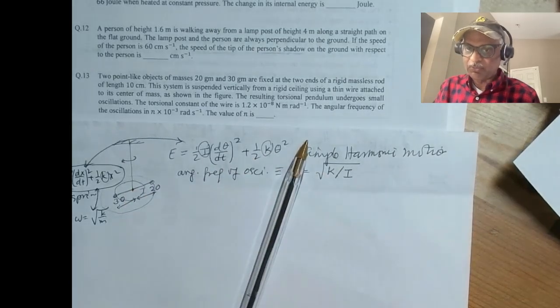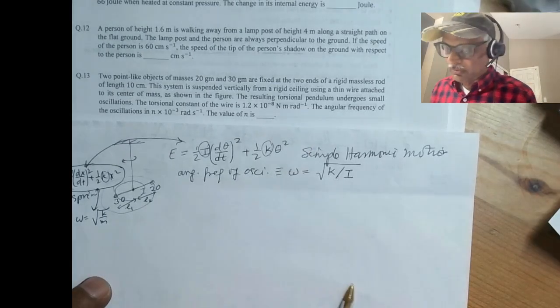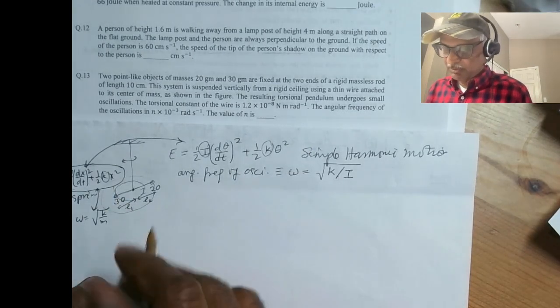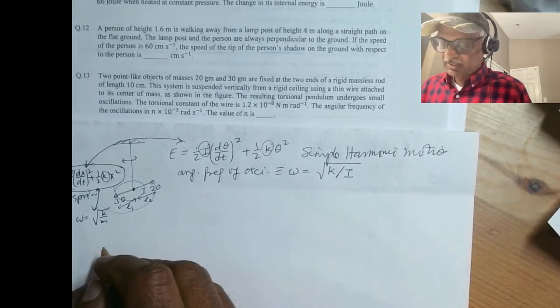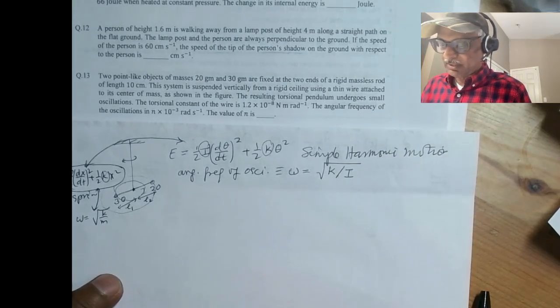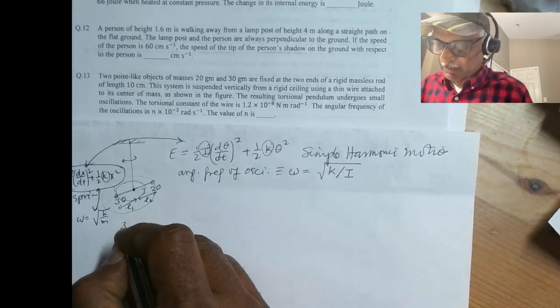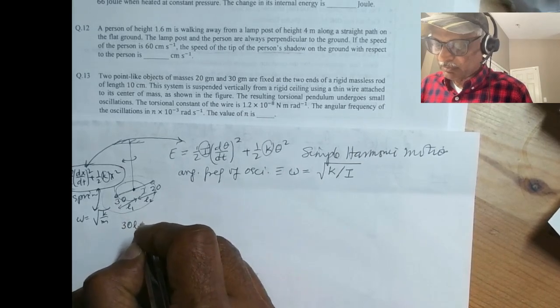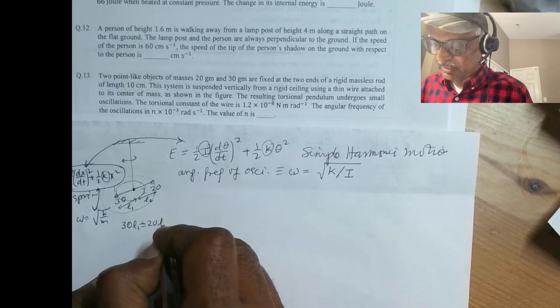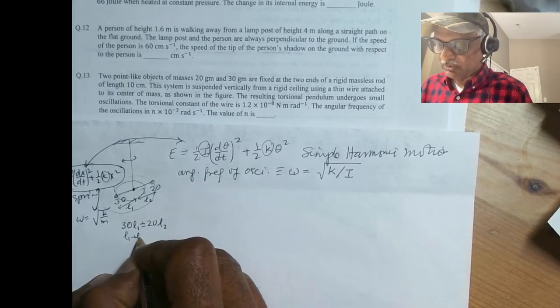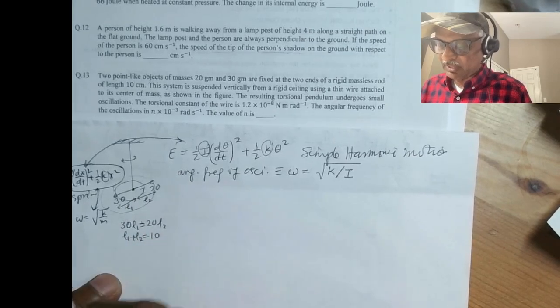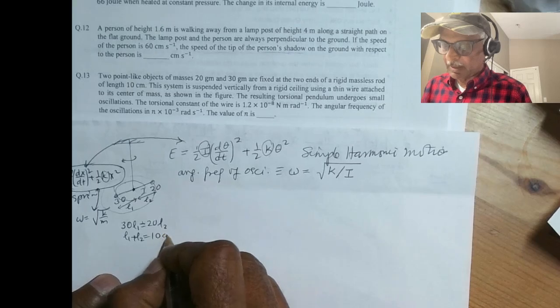I was going to just work it out and speed up the video. Okay, I decided to change my mind. I want to show you how to find this point. There are a couple of ways. One is, of course, you can say 30 L1 equals 20 L2, and L1 plus L2 equals 10 centimeter.